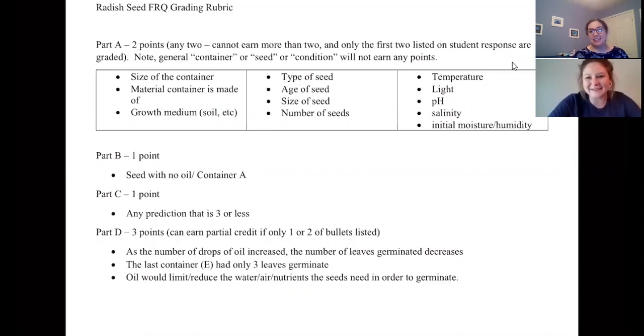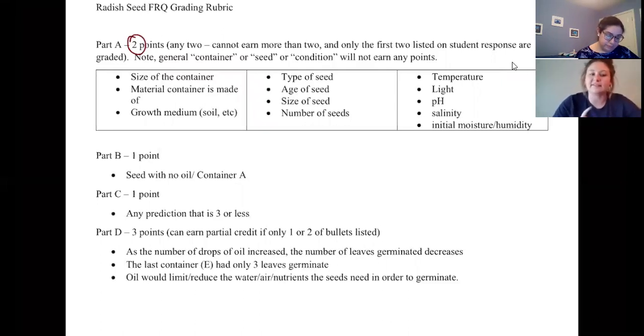And I'm Miss Mayhew. And today we are going to go over the Radish Seed FRQ grading rubric so that you can grade yourself and see how you did. So part A was asking you to identify two of these things that were held constant. In order to get those 2 points, you would have had to list any two of these things in this table.